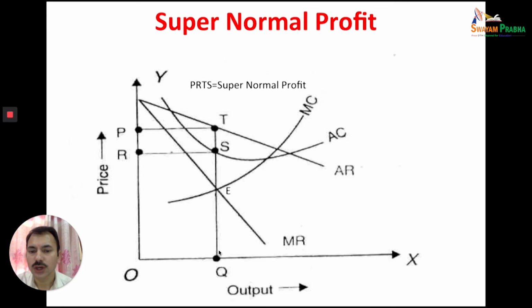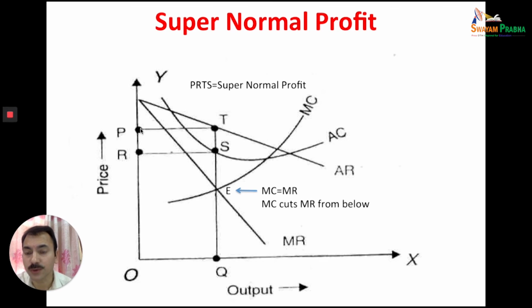This is OQ quantity, OP price, where cost is OS. E is the equilibrium point, where MC is equal to MR and MC cuts MR from below. The marginal cost curve intersects the average cost curve where average cost is the minimum.